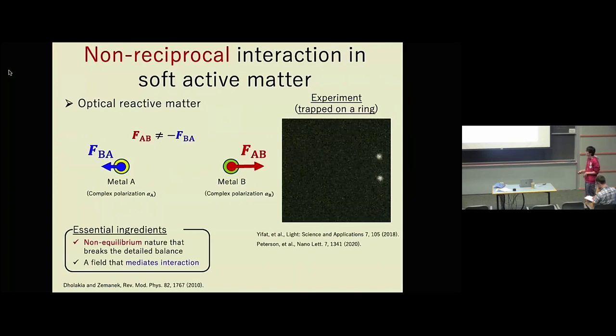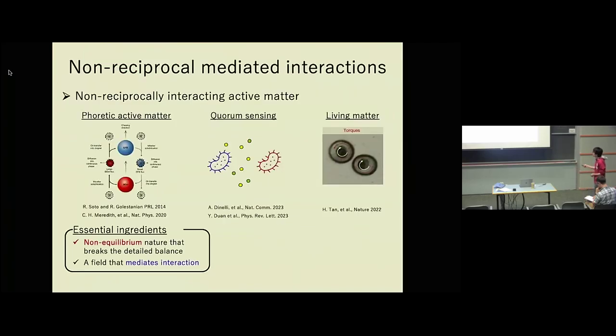Because that way, during the process of getting the interaction, the system knows that it is breaking detailed balance. So I believe that in all the known ways of getting non-reciprocal interaction in non-reciprocally interacting matter, more or less these two ingredients are there, in ferromagnetic active matter and quorum sensing of living matter.